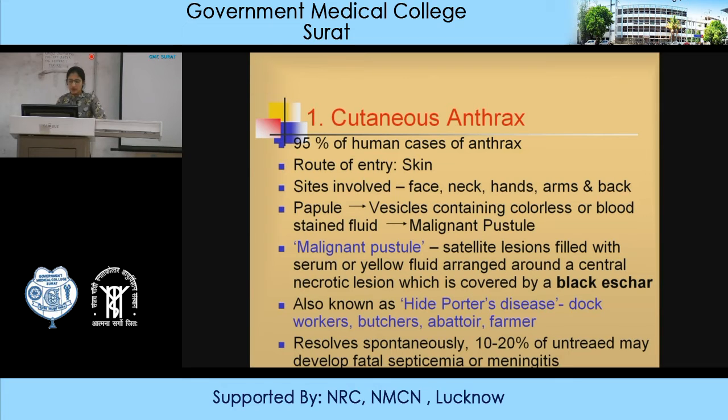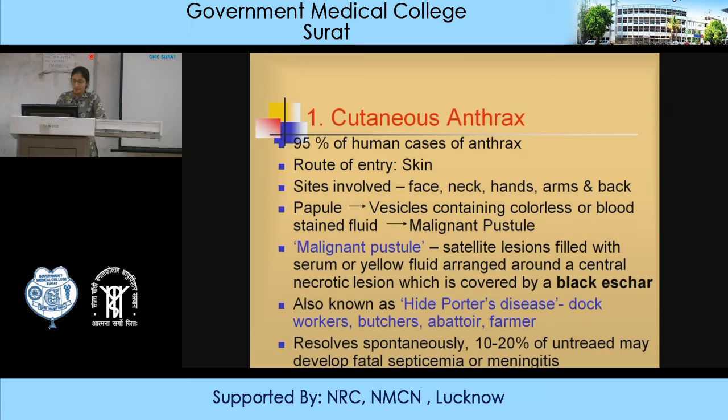It is also known as Hide-Porter disease, or disease of dock workers, butchers, abattoir workers or farmers, named according to the occupational exposure to anthrax. It is seen basically in those persons who work in butcher's houses and abattoirs, so they acquire it directly from the animals.